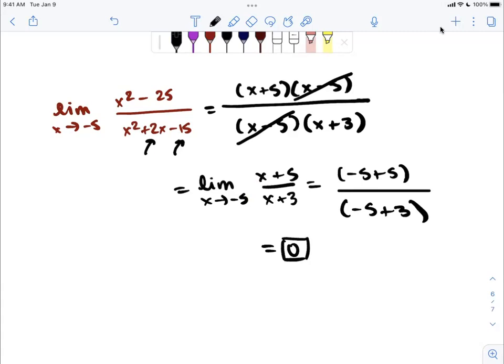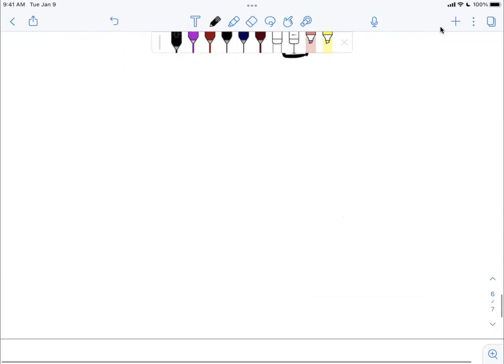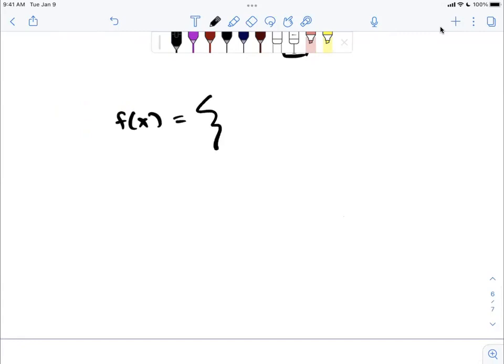Okay, so let's do one more example. This time it'll be slightly simpler, but it'll be a piecewise defined function. So we're going to define this function f of x to equal 7 minus 4x if x is less than 1, and x squared plus 2 if x is greater than or equal to 1.